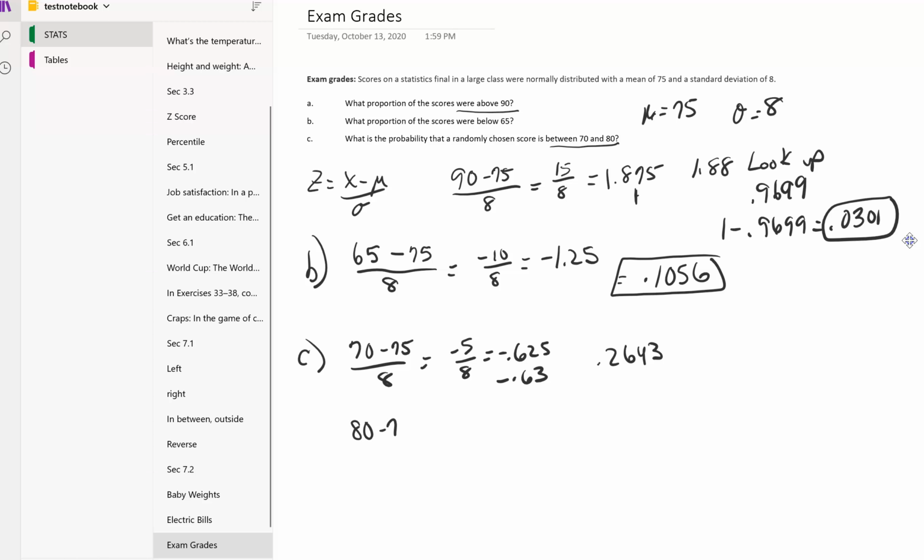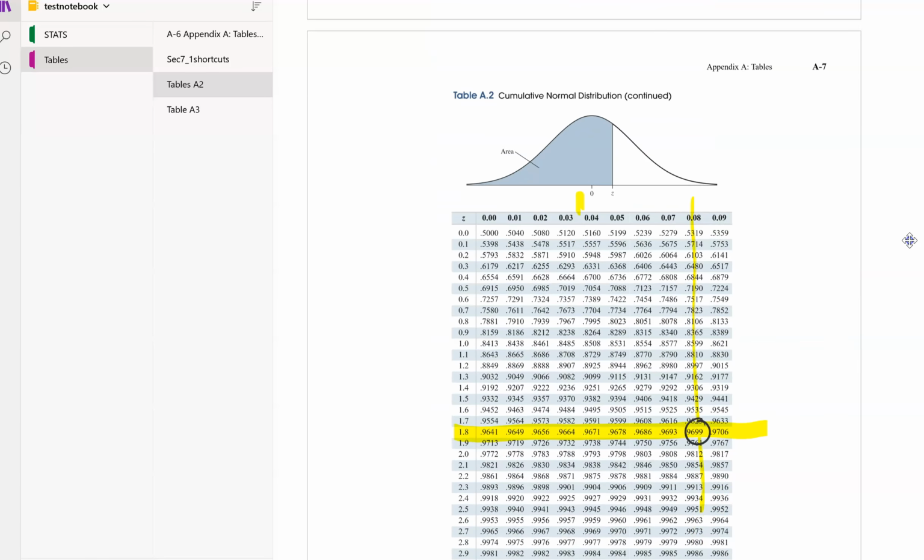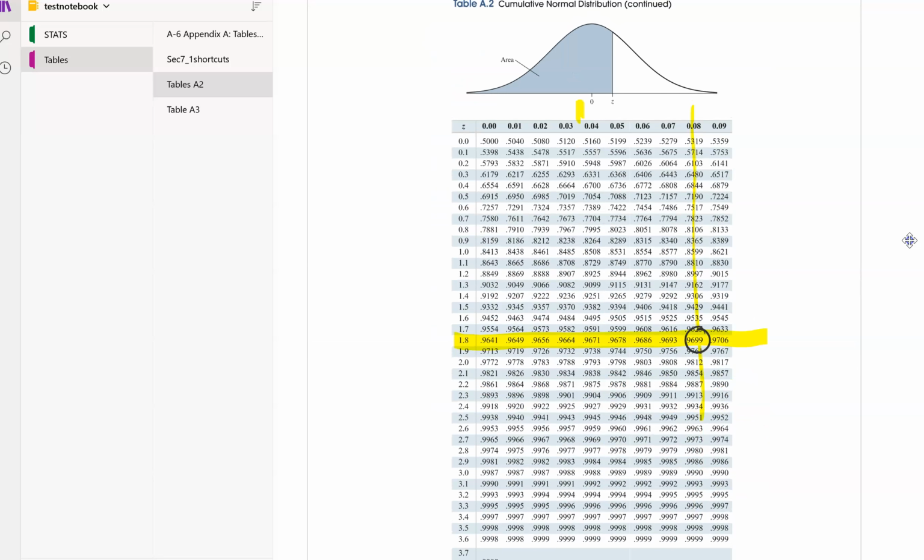Then I do the next calculation, 80. So I do 80 minus 75 divided by 8. That's a positive 5/8, so a positive 0.63. So I look up a positive 0.63. So it's 0.7357.